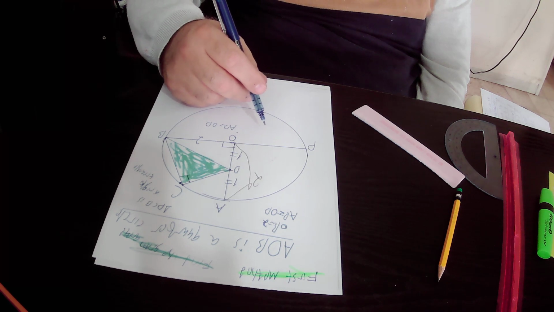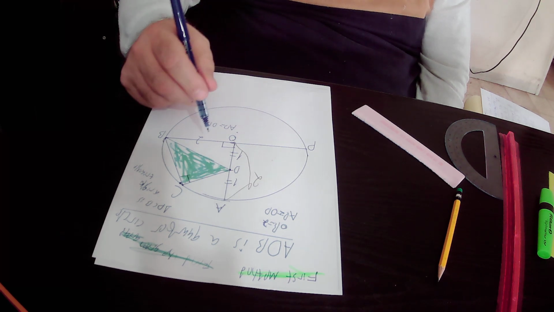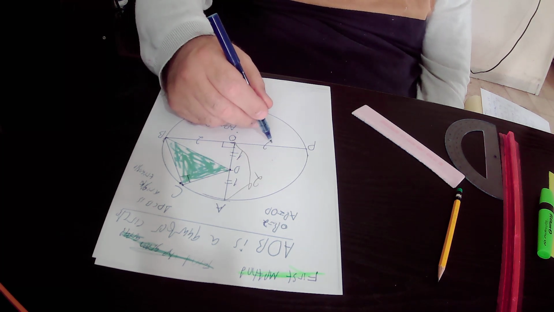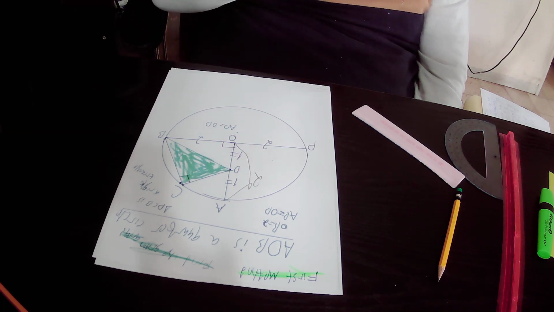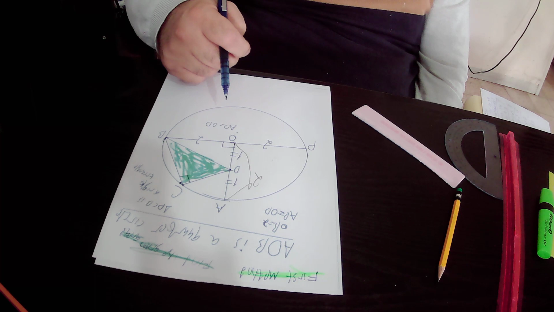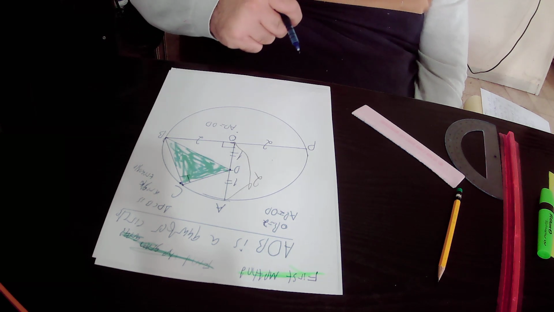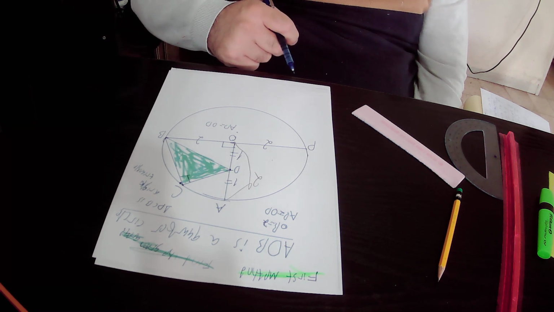Therefore, PO is the radius of this circle that is equal to 2 units according to what is given in the question, because the radius of the circle is also the radius of the quarter circle.